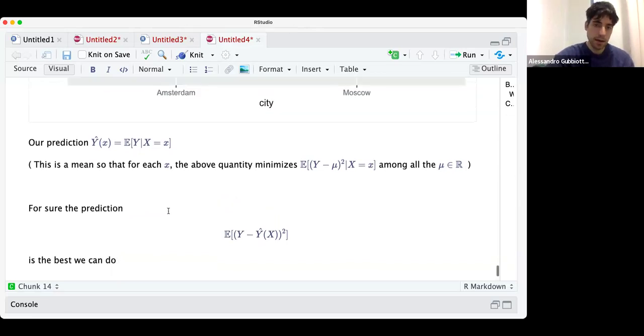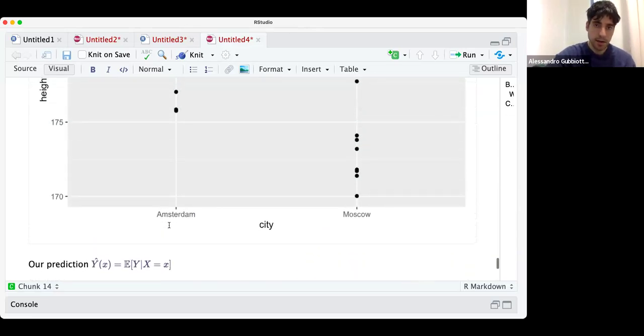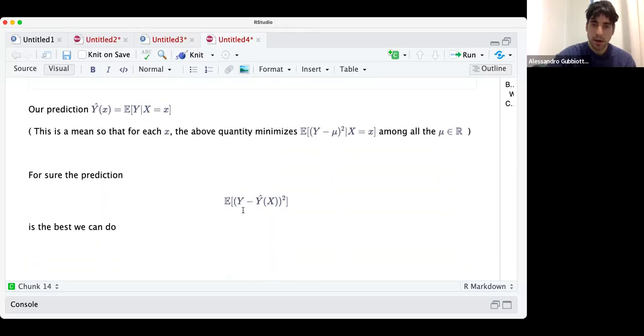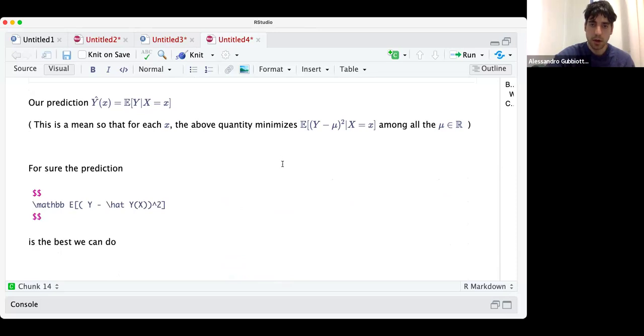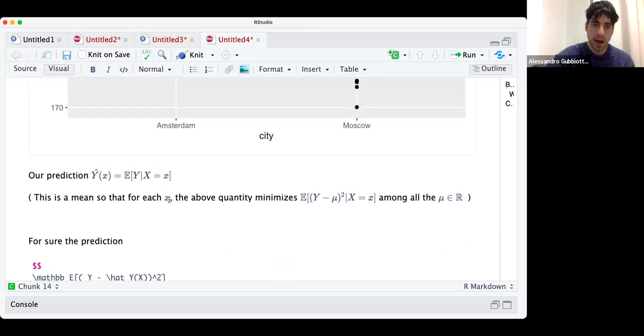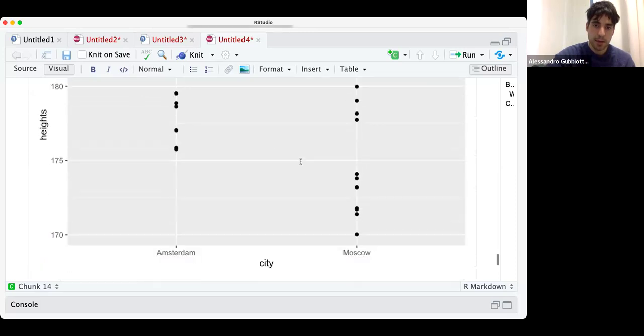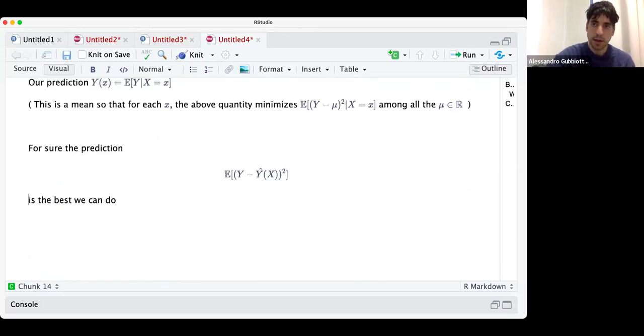I mean, okay, this is all theoretical. Now let's try to introduce a model, which is the linear regression, which gives you a specific form for this value, because we cannot compute this mean for every x, unless in this particular simple case. So let's introduce the linear regression.